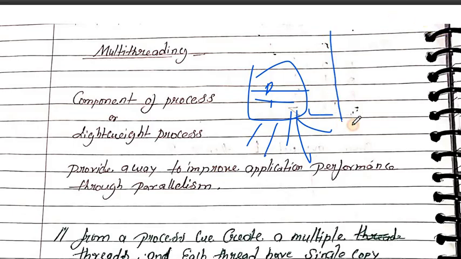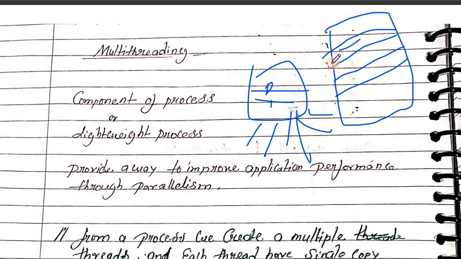As you know, there is a main memory. In main memory there is a process P1 having different sections like a code section, data section, file section, stack, heap, and different types of sections.